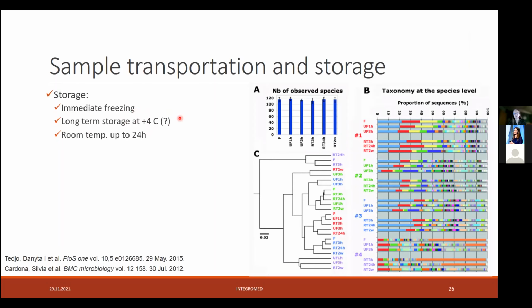However, they have shown some fungi overgrowth, and many studies have fortunately shown that it is okay in most cases to store samples, especially fecal samples, at room temperature up to 24 hours, with no significant changes in the microbiome composition before and after 24 hours. Of course, if it's longer, then there start to be some fluctuations which are not good.